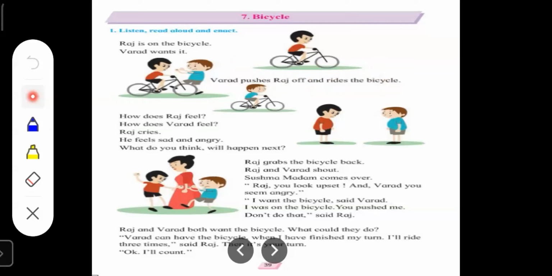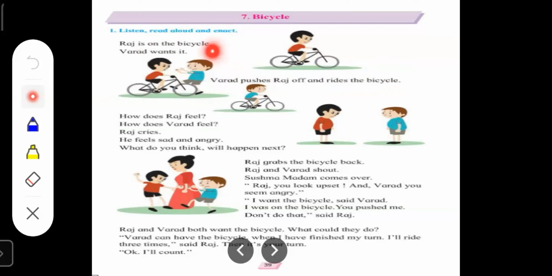Children, we have learned in the earlier lessons that if we want something from someone, we should use the word please. But here you can see Varad is not requesting Raj, but he pushes.